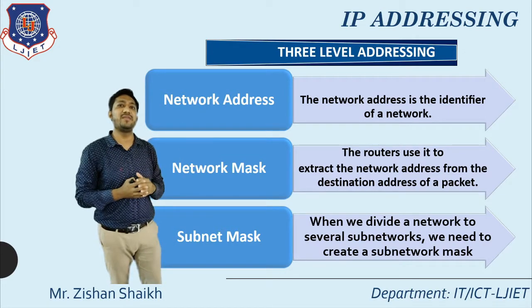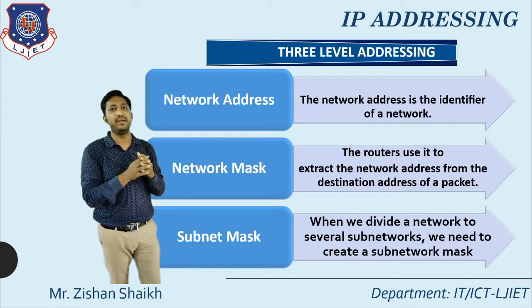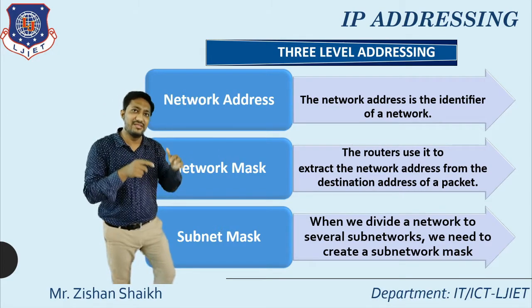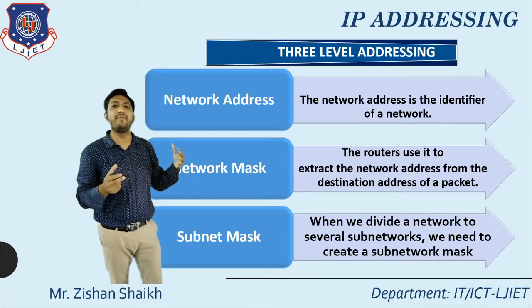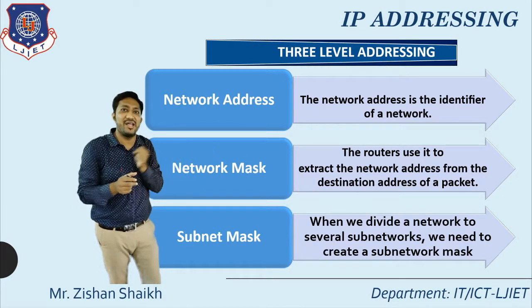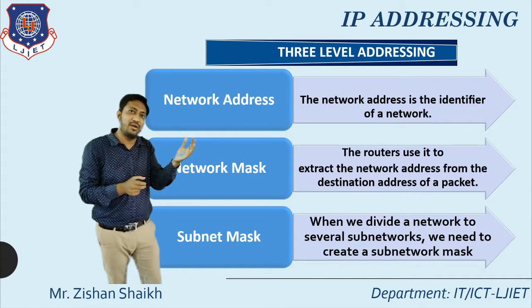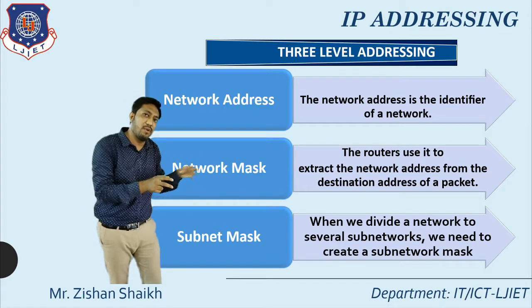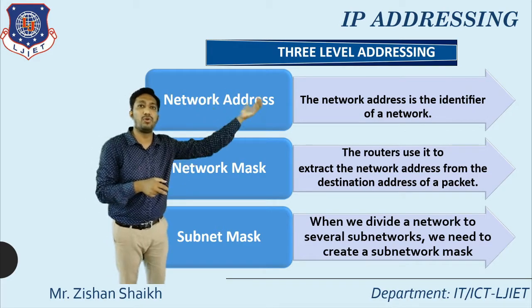In two-level addressing, we just consider that one network is identified by the router. But when we divide this network into subnetworks, small networks, how can we perform this type of extraction? In two-level addressing we extract the whole network address, but when we are talking about subnetworks within one network, the task is more complex.